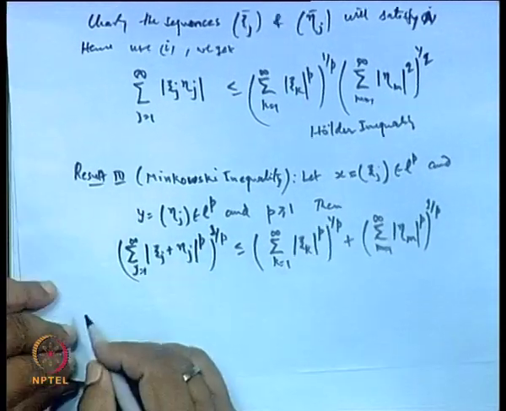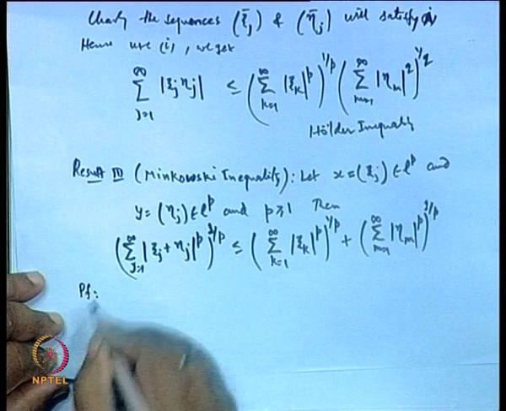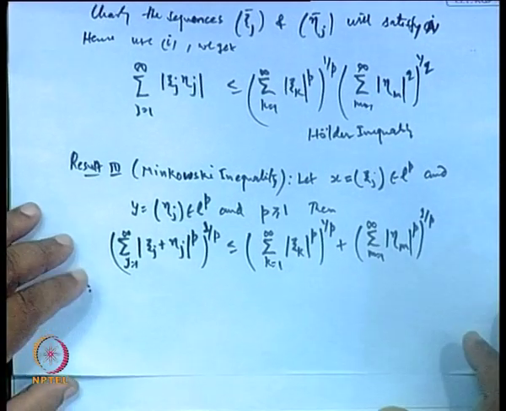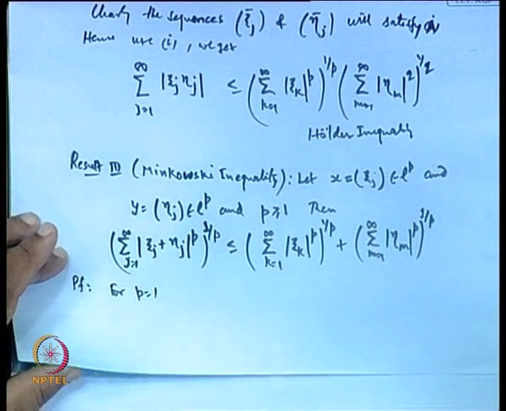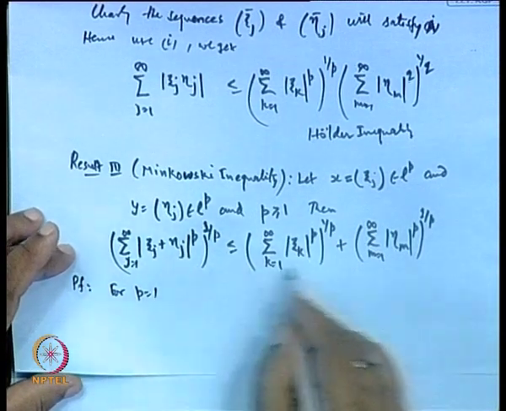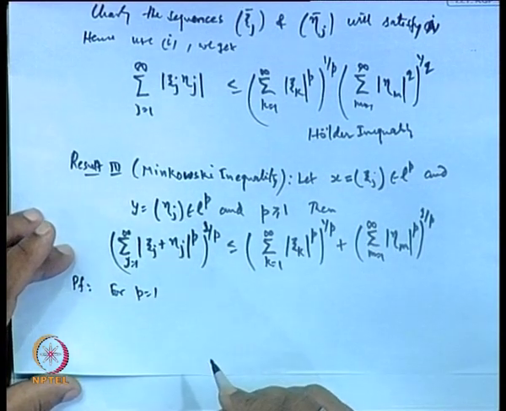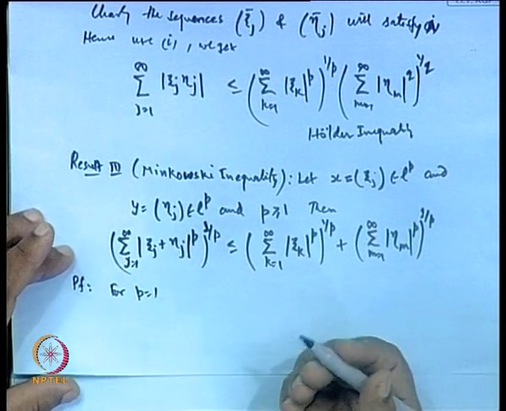Okay. The proof of this, for p equal to 1, the inequality follows immediately, just using the triangle inequality.